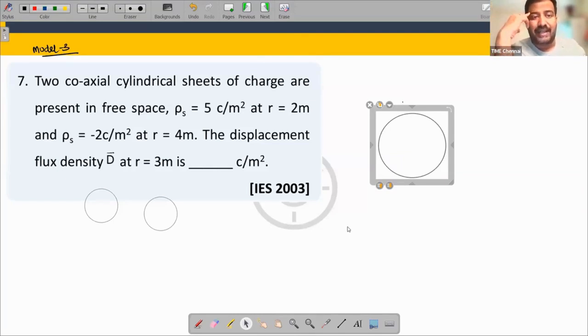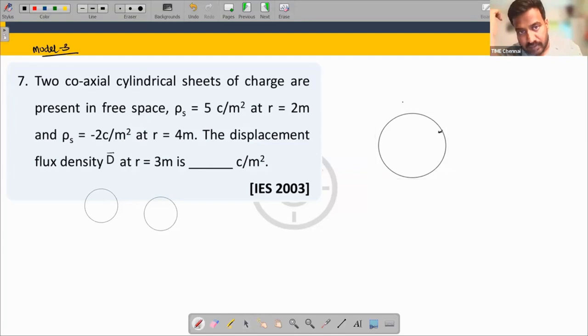Two coaxial cylindrical sheets of charge are present in free space. One has rho s equal to 5 coulomb per meter square at r equal to 2 meter.